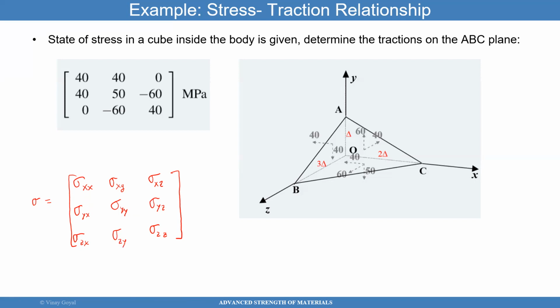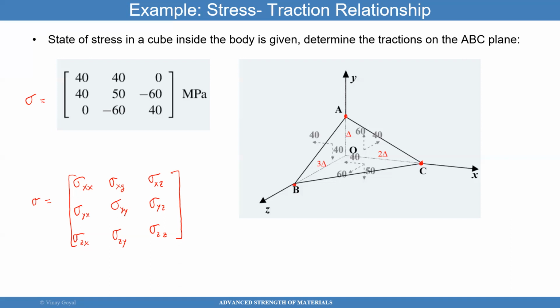That's what I have. Since the stress at a point is provided, they're asking us to find the tractions on this plane that's connected by A, B, and C. So let's look at what is going on first with the state of stress.